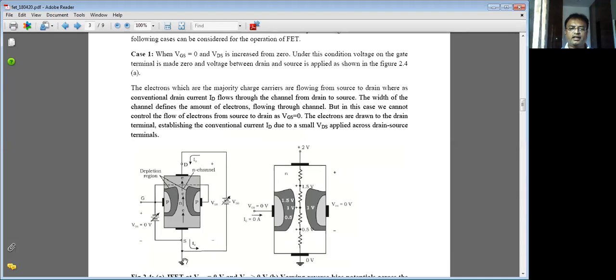Here is the drain, here is the source. If you can't understand what is source, what is drain, what is gate, just imagine the tap in your bathroom. Below that tap, there will be a sink. That will sink the water.